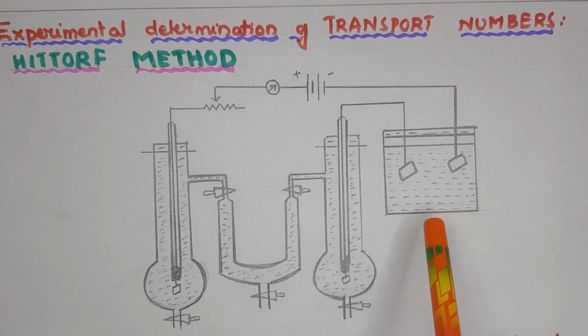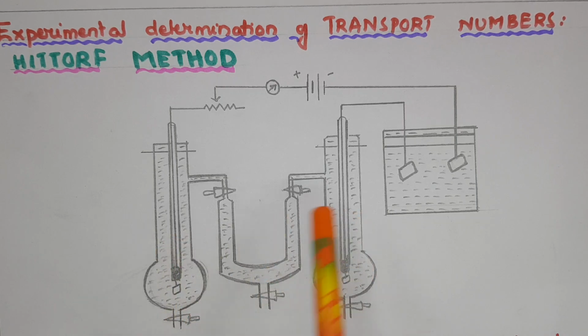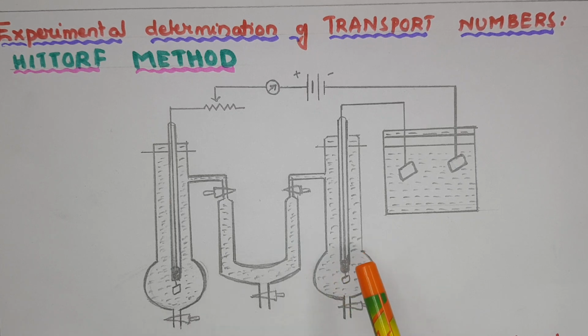Okay students, so here you can find a U-shaped middle compartment separating the anodic and cathodic compartments, and they are filled with the experimental solution of known concentration, whose transport numbers are to be determined.